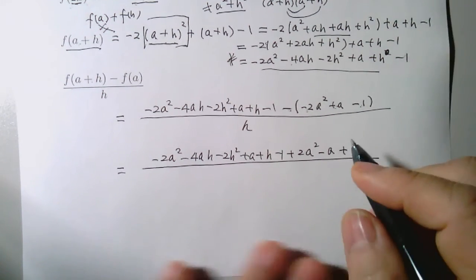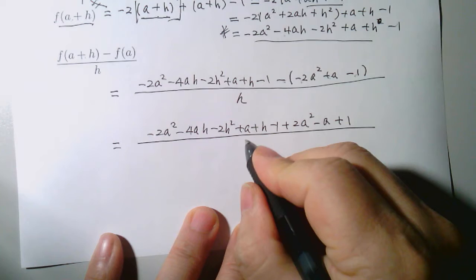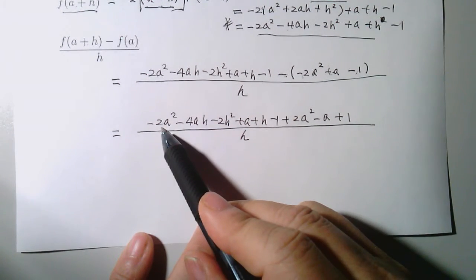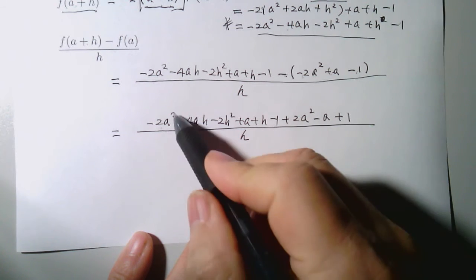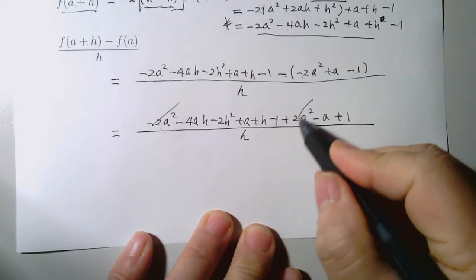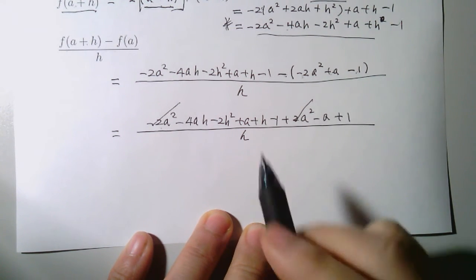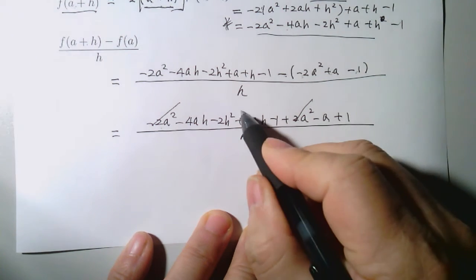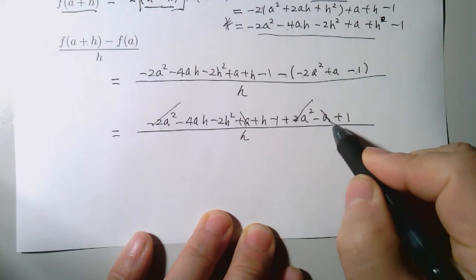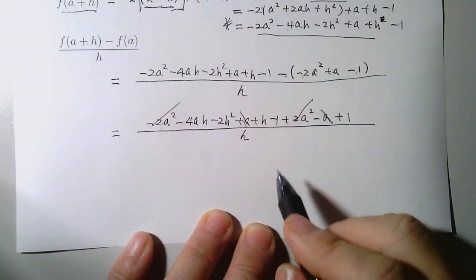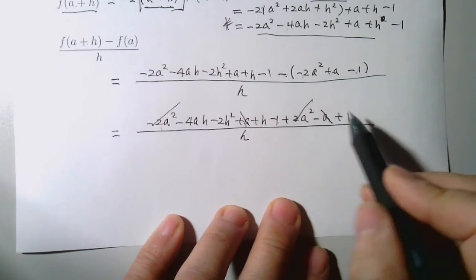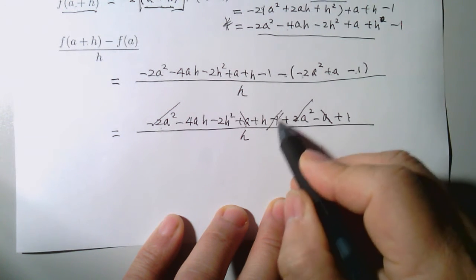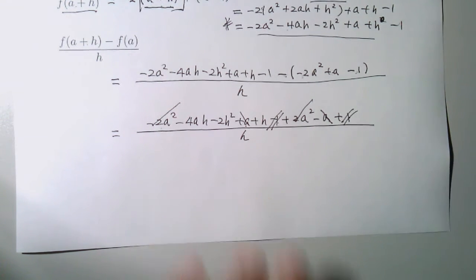Now you can take a look here at the like terms: negative 2a squared and positive 2a squared, so those two terms cancel. You have a and you have a negative a, so those two terms cancel. And you have negative 1 and a positive 1, so those cancel too.